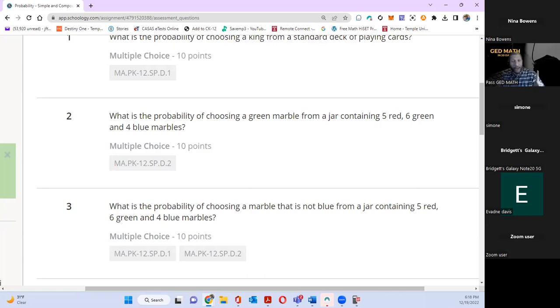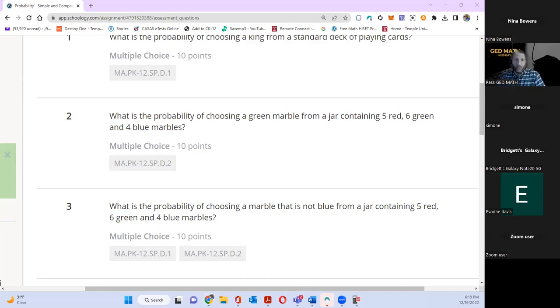One is simple probability. That's the chance of a specific event happening. And compound probability. That's the chance of multiple events happening. So it's very easy to decipher between the 2. Simple is one event. Compound probability is more than one event. Does everybody understand that?